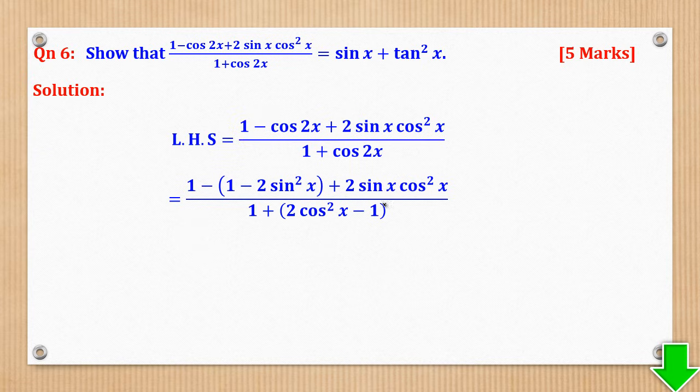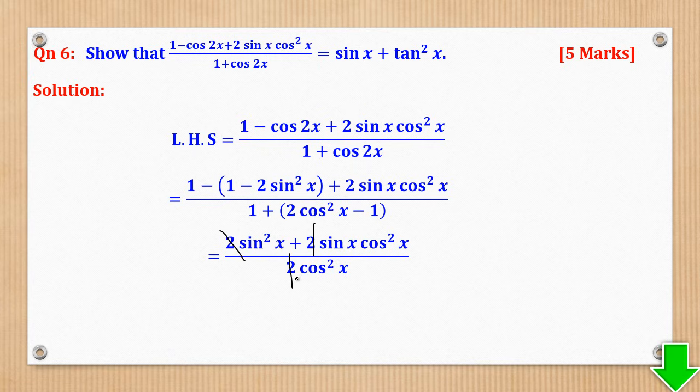So what I did, I have to look for an identity which will help me to eliminate that 1. And that is expressing cos 2x in terms of sine. There, this can cancel. Even here, the same applies to this down. This and this can cancel. So when that cancels, we remain with this. So you are going to realize that 2 is common, so it can cancel away.